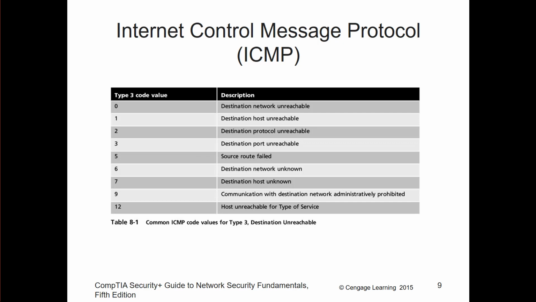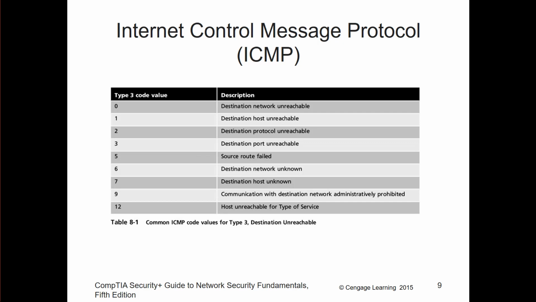We have a 4, we have an 8, we have a 10, and 11, but they're not common anymore. So common ICMP code values for type 3 are going to be like destination port unreachable, source route failed, destination network unknown, and so forth.